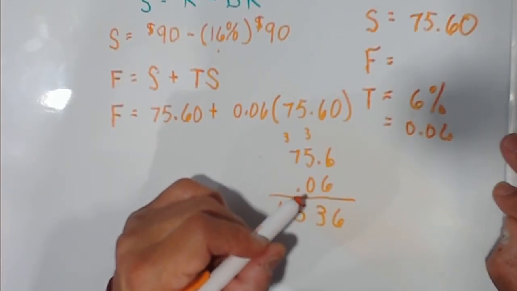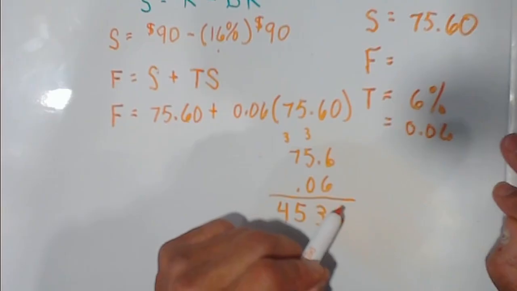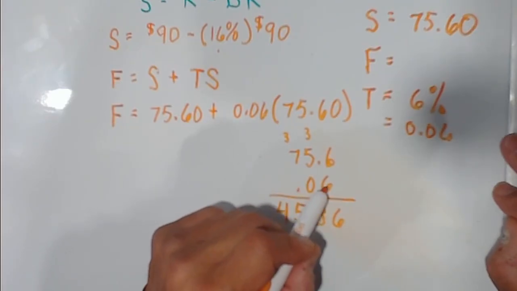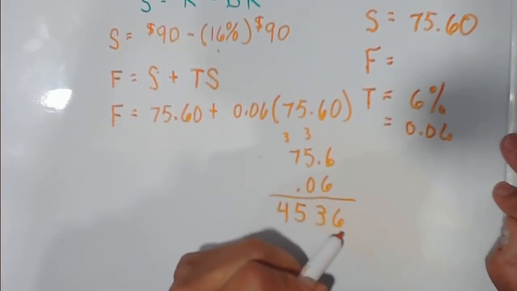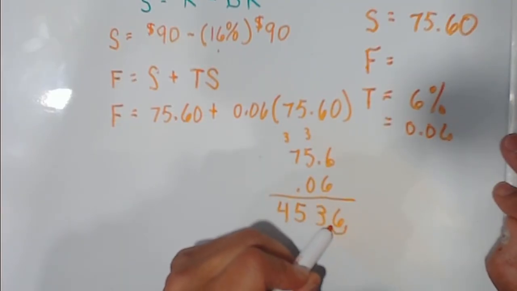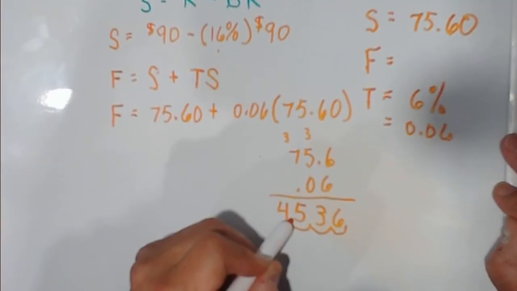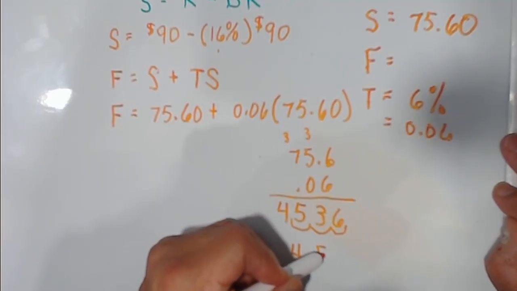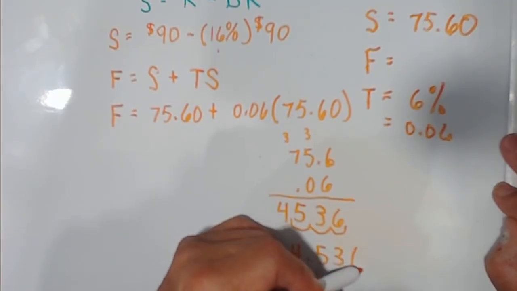We have to go back 3 decimal places, 1, 2, 3. So it ends up being $4.53, well, 0.536 cents.